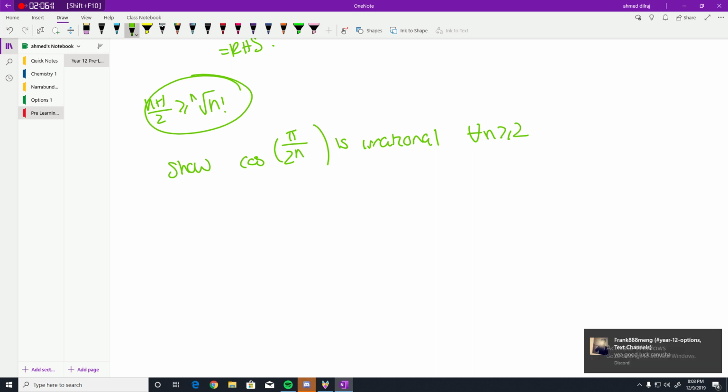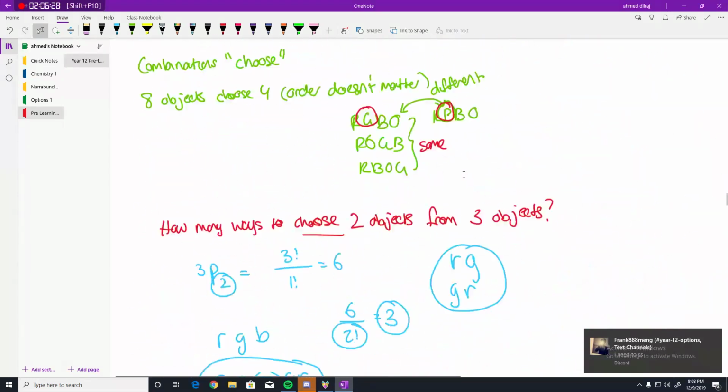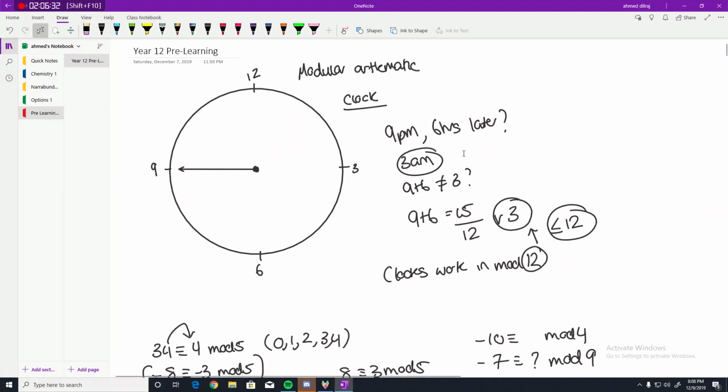Bye-bye. Alright. First, there's only one page. This is an entire page. Here you go.